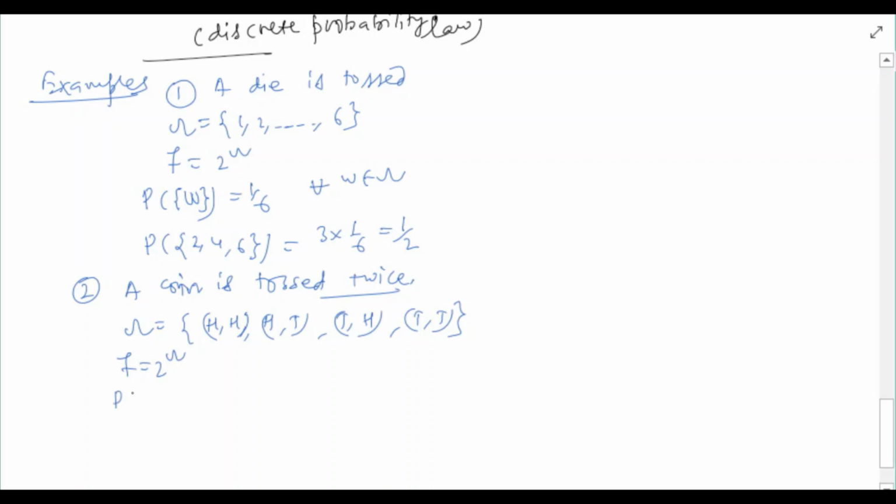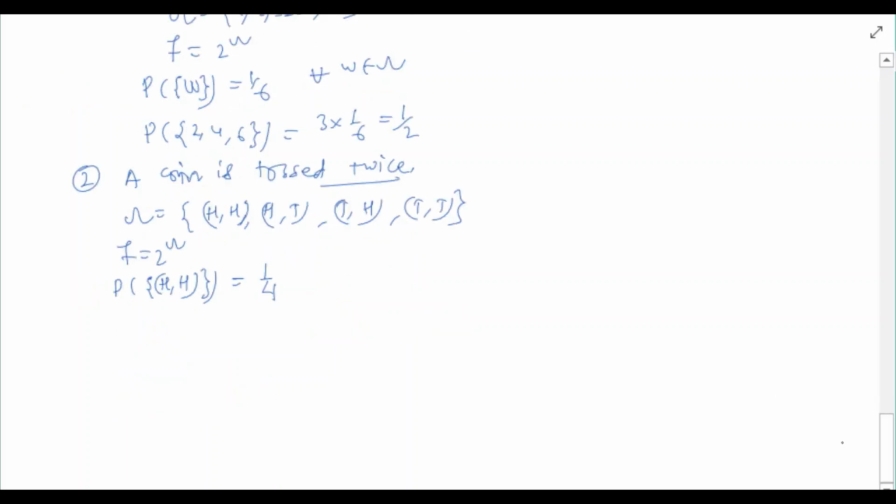The probability of an event which is a singleton set, say HH, will be 1 by 4. So will be the probabilities of other singleton sets, say HT or TH or TT.